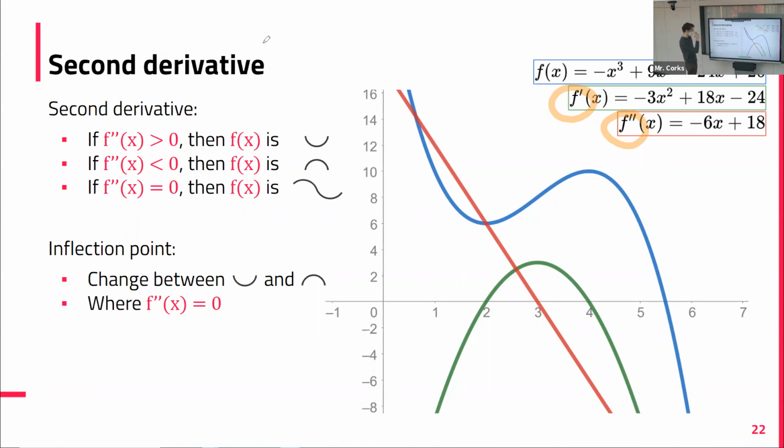Just before I explain what's actually happening, 2 weeks ago when we looked at the first version of these graphs with x squared, I said something about intersection points. Does anyone remember what I said about intersection points? Right, they don't matter.